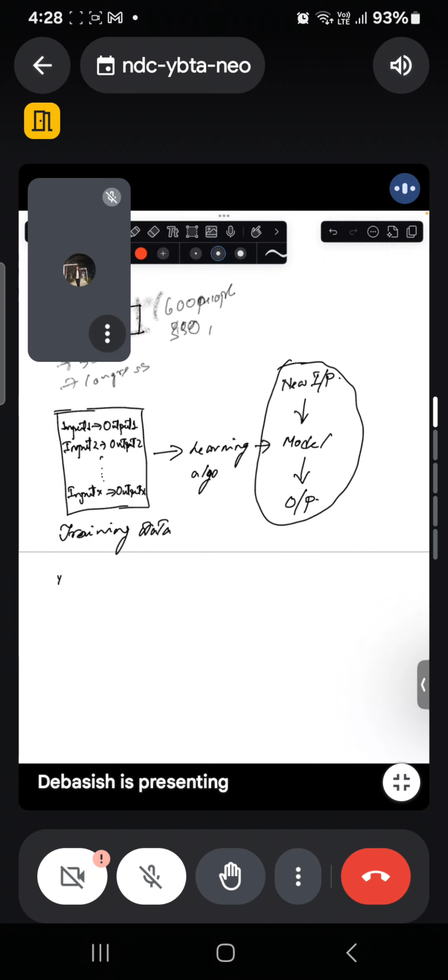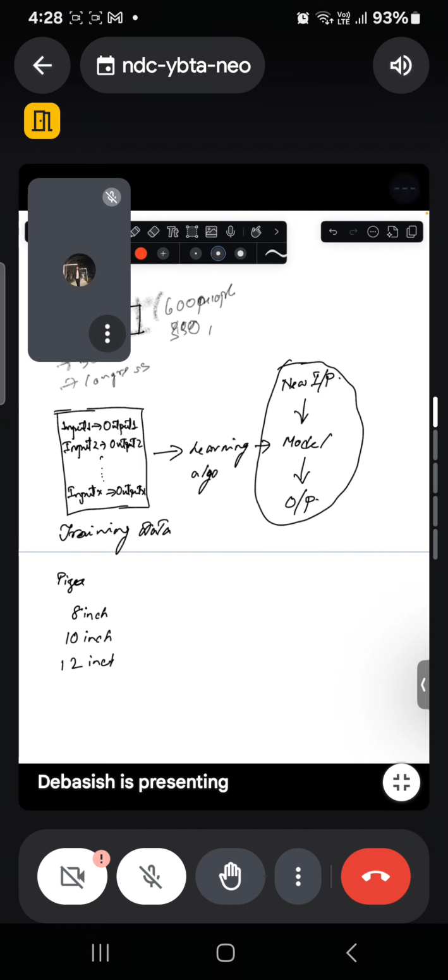Let's say there are 3 types of pizza. One is 8 inch, one is 10 inch, one is 12 inch.